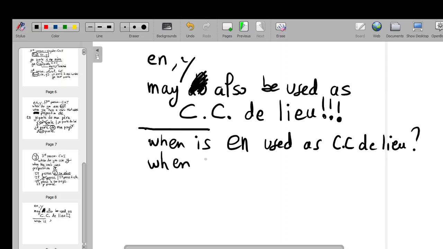When it indicates provenance, where it's coming from.